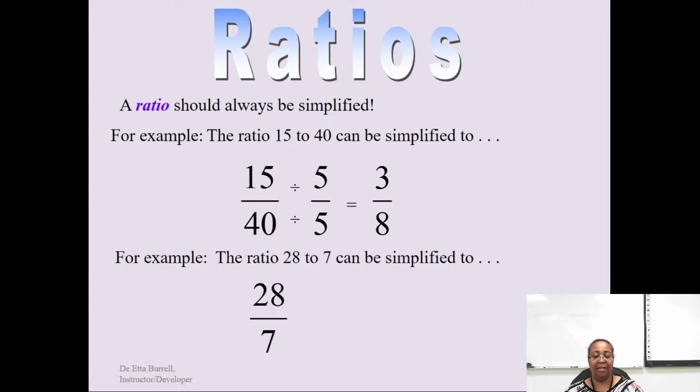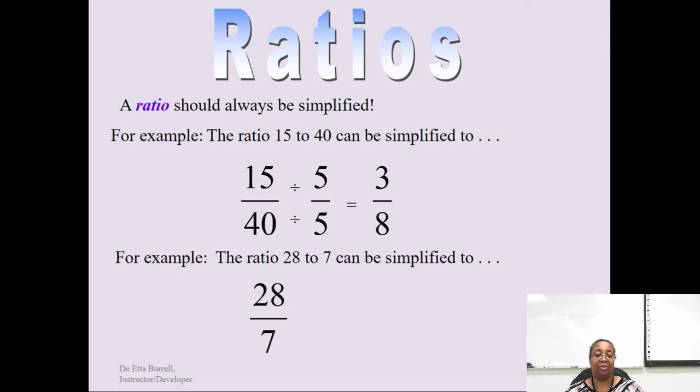Now, unlike in fractions, when you are reducing a ratio where the top number is larger than the bottom number, you're not going to be making a mixed number, because this improper fraction is really a ratio, so all I'm going to do is reduce it. Because I have to compare it, I have to leave it improper, okay?